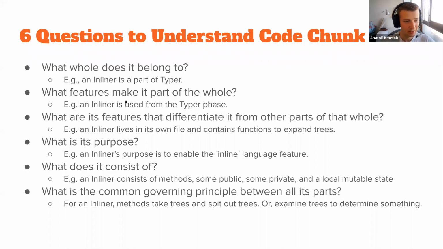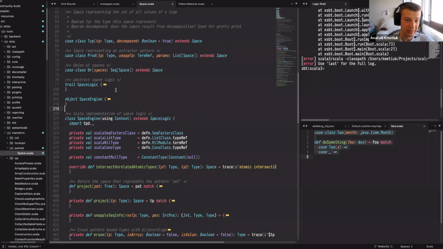So what features make it a part of the whole here? That question is pretty irrelevant because we have already established that it's structurally part of a certain file and package, and it's used from a certain mini phase. That's why it's part of that mini phase.